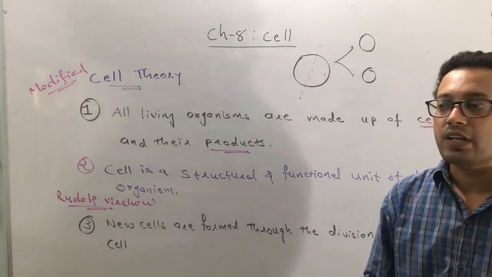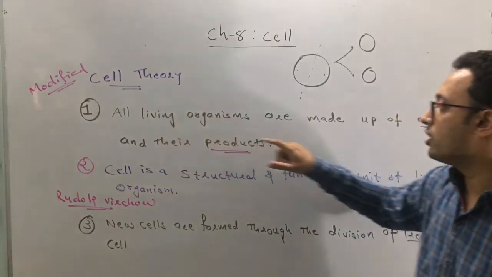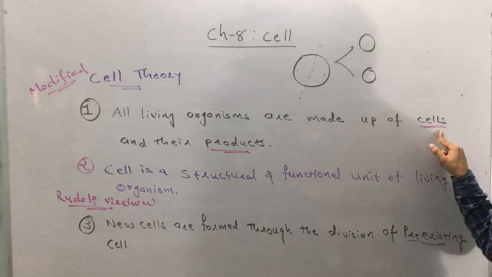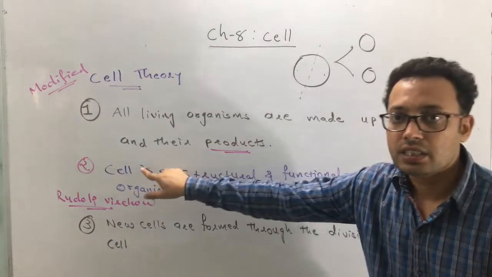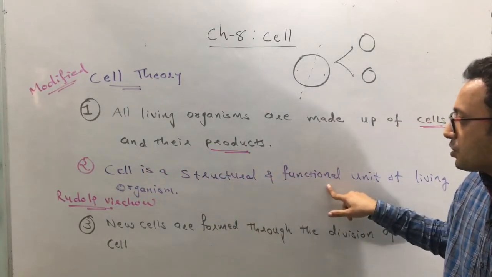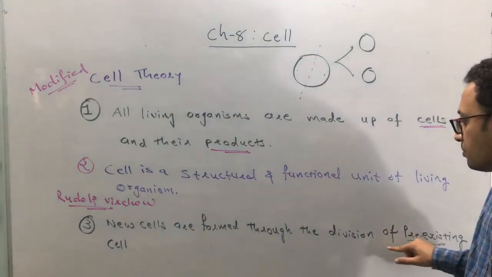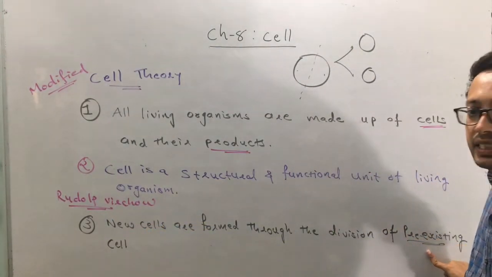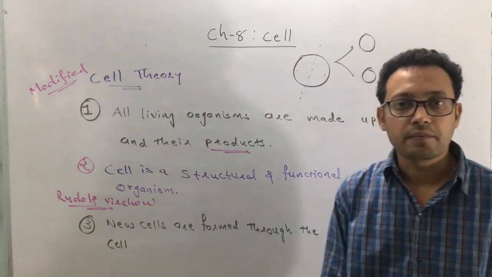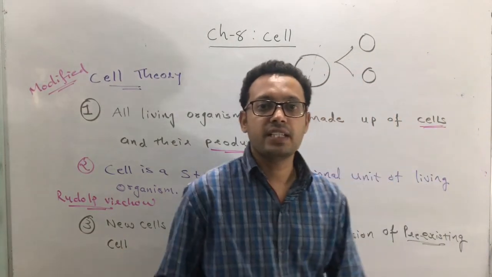So according to the modified cell theory, all living organisms are made up of cells and their products. The cell is a structural and functional unit of living organisms, and new cells are formed through the division of pre-existing cells. So this is the modified cell theory.